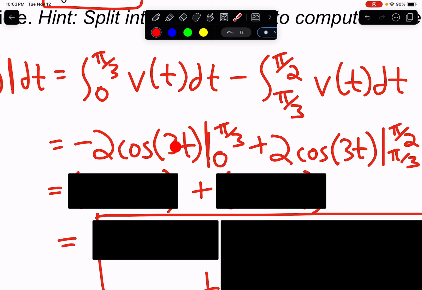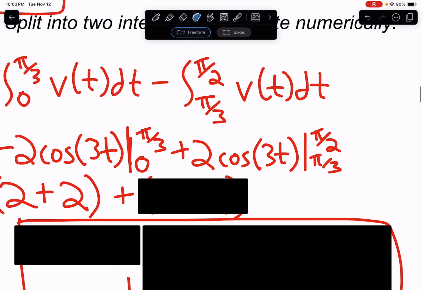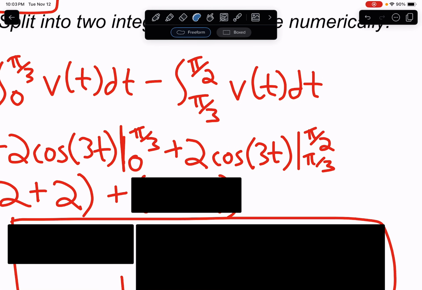Plug in 0. Cosine of 0 is 1, but it'll be minus negative 2, and so that becomes a plus. And then for the second part, you've already plugged in pi over 3, and so we already know that part is going to give us 2, or in this case, it'll be negative 2, because we're going to be subtracting that, okay?